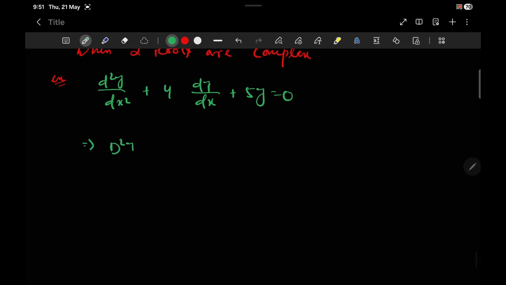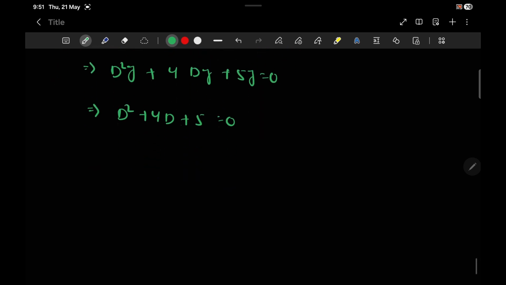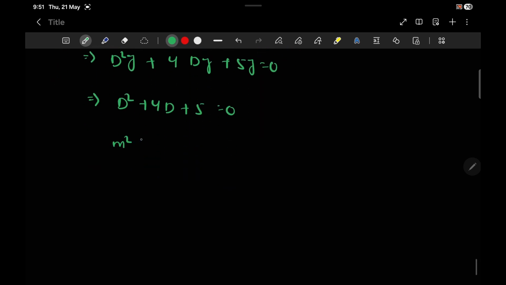So d²y + 4dy + 5y = 0. That is d² + 4d + 5 = 0. So m² + 4m + 5 = 0.